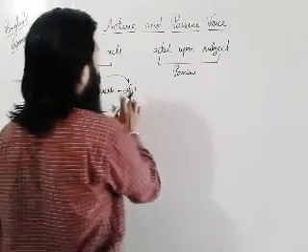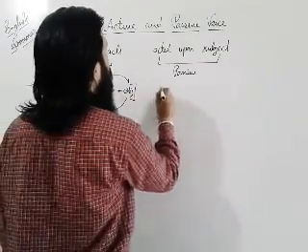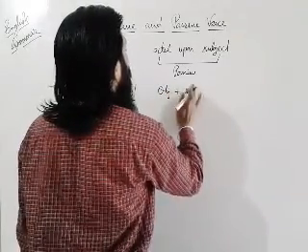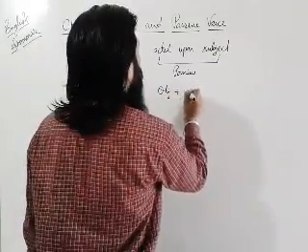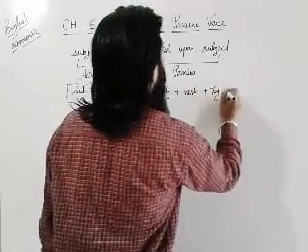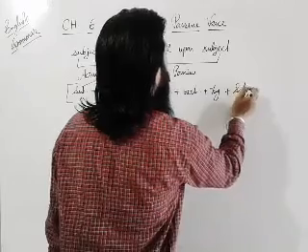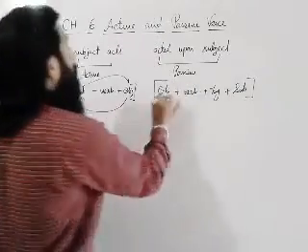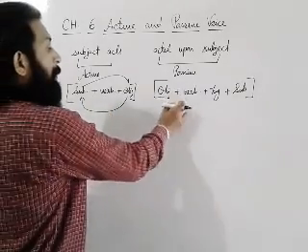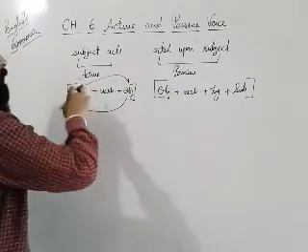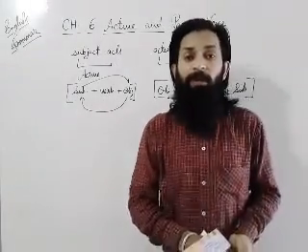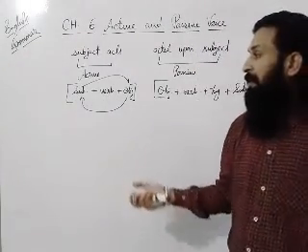Then at first you have to write the object of the active voice, then verb, plus by, and then you have to write the subject. We can say that it is a completely opposite structure of the active voice. In both of the sentences many changes are here.